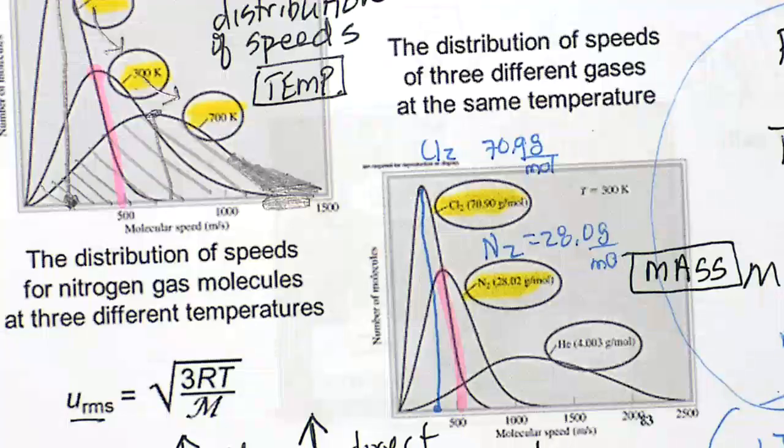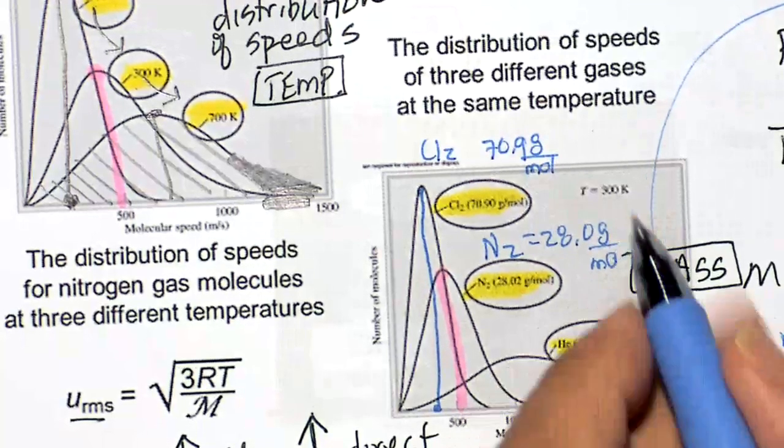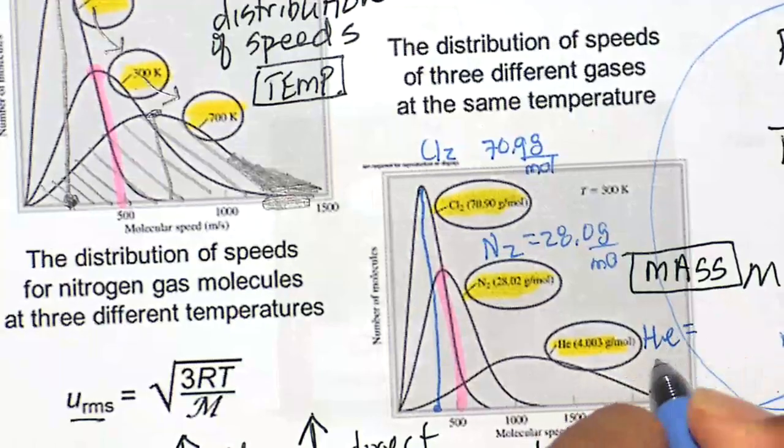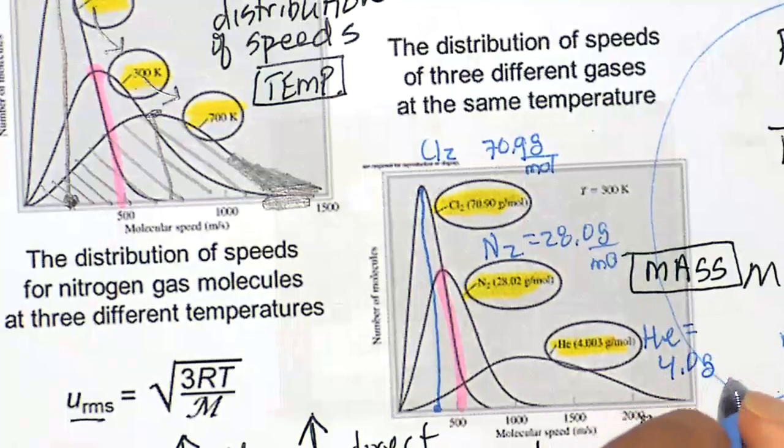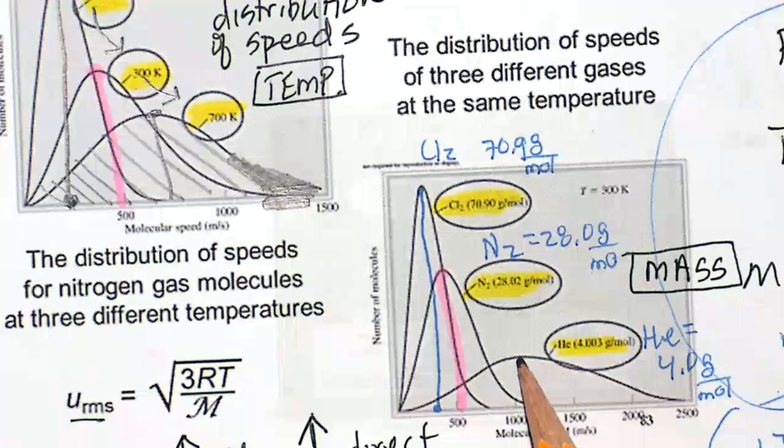And then finally, we're going to change the identity of the gas to helium. Helium has a molecular weight of 4 grams per mole. And this is its distribution, and this is the height of that distribution.